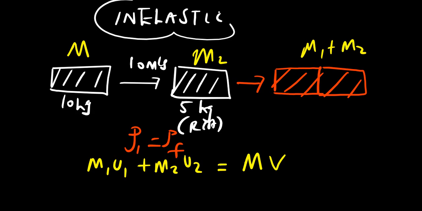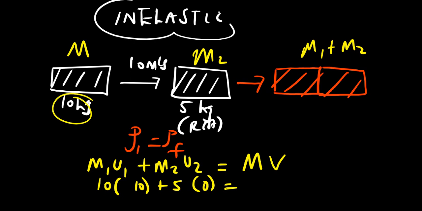Okay, so now the mass for the first one is 10, the initial velocity was also 10 meters per second, plus the 5 mass for the second one multiplied by its initial velocity, the other one was at rest, so it's equal to MV. Now for M, I can put the mass because it's going to be added, 10 + 5, that will just give me 15v, like that.